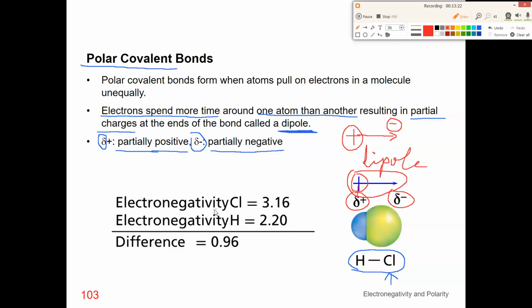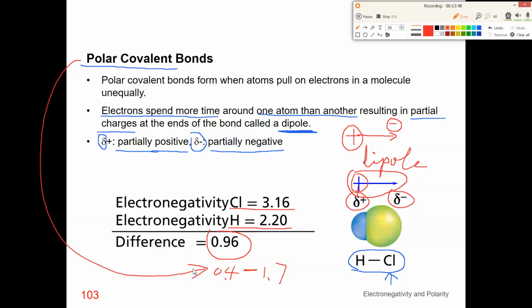The typical electronegativity value for chlorine is 3.16, and hydrogen is only 2.20. So the difference is 0.96, which is between 0.4 and 1.7. So we call it polar covalent.